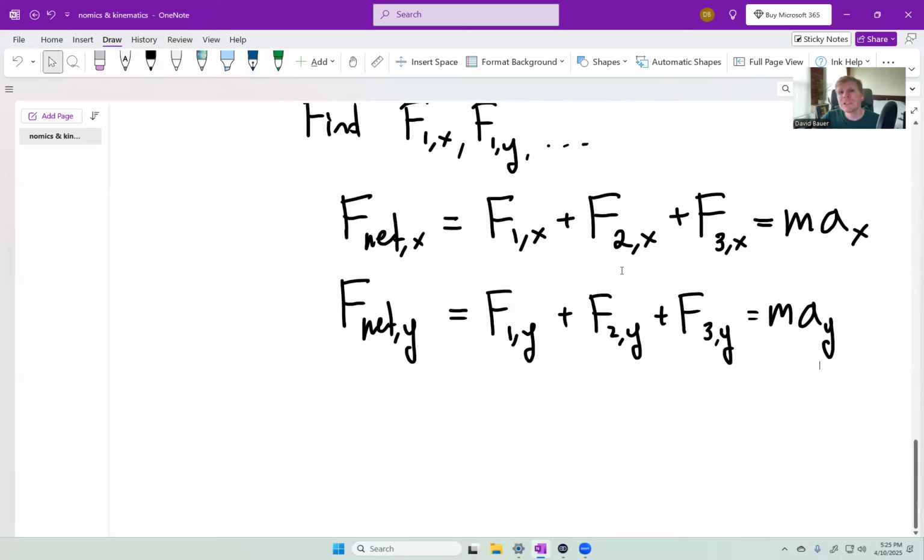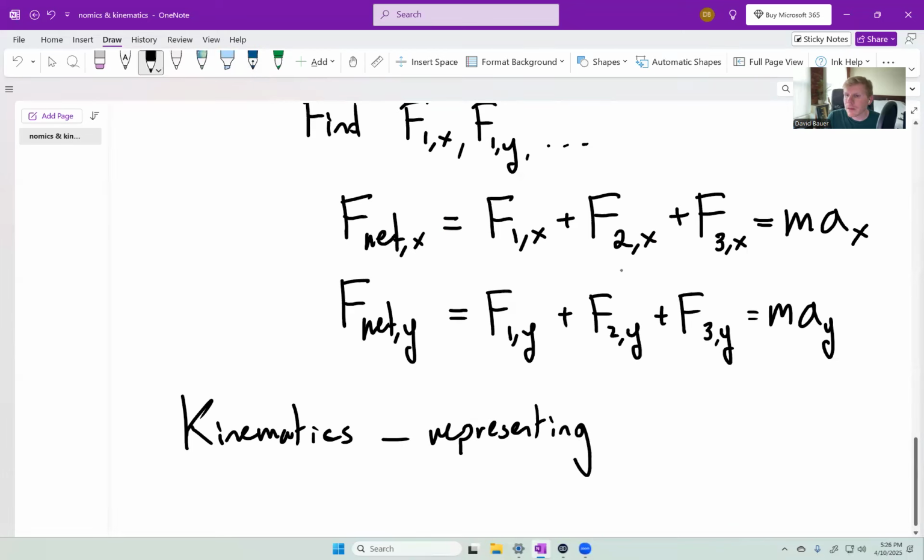Okay, so then once we have the acceleration, what do we do with that? How do we study the motion of an object, of a particle? Well, for that we can use kinematics, which is how we represent motion mathematically.